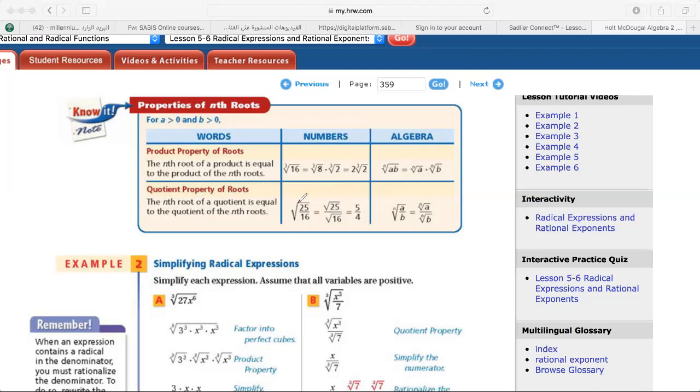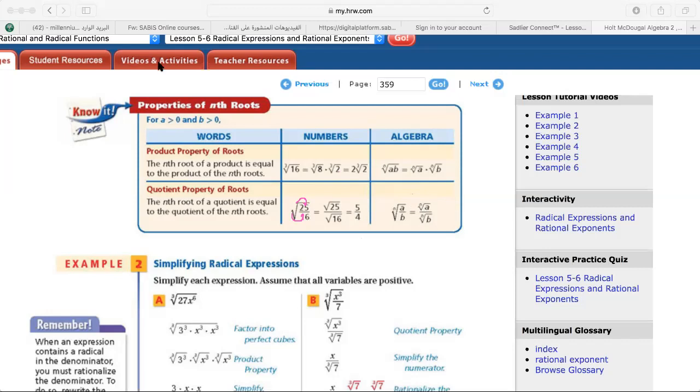I will distribute the root upon 25 and upon 16. So the square root of 25 is 5, the square root of 16 is 4. So it can be written in this form: the nth root of a over b is equal to the nth root of a over the nth root of b.